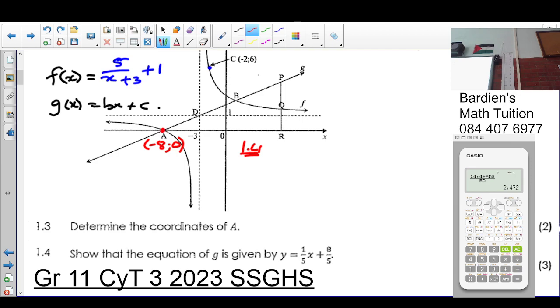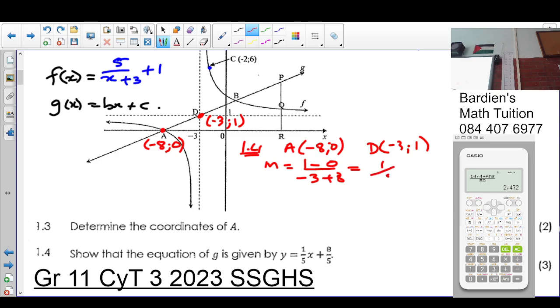I have A, and I can determine D. So A is negative 8 and 0, whilst D is negative 3 and 1, where your asymptotes meet. That's simply going to give you the gradient of AD: 1 minus 0 over negative 3 plus 8, so it's 1 over 5.